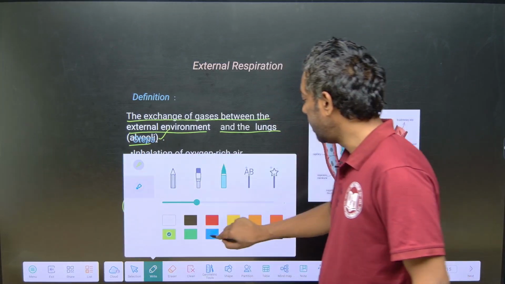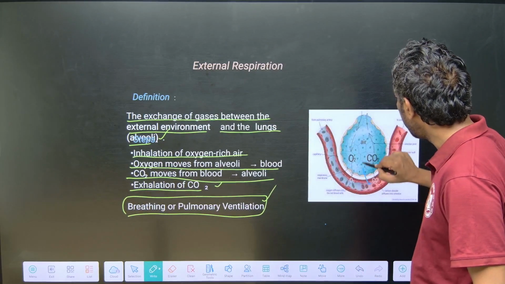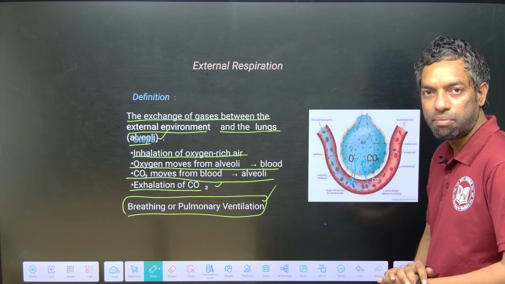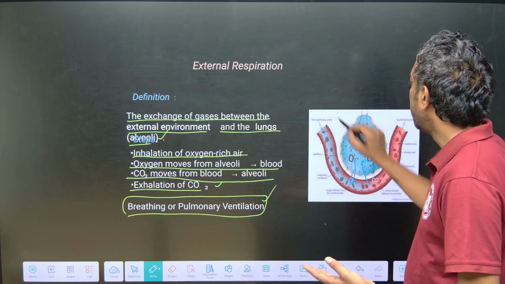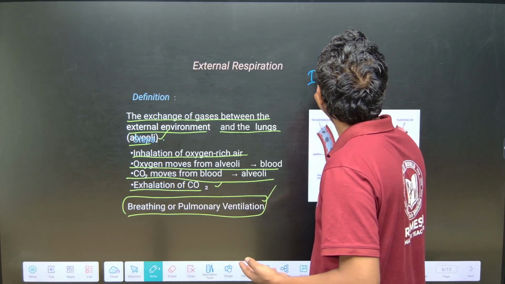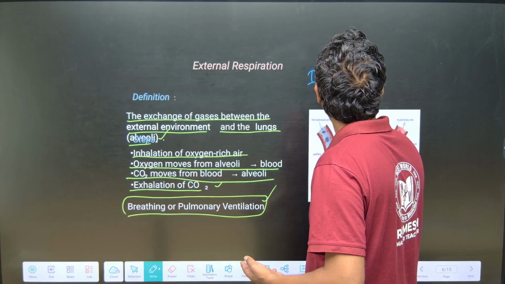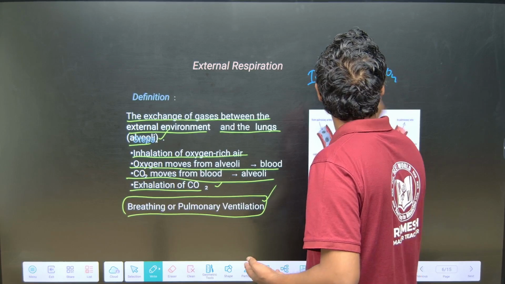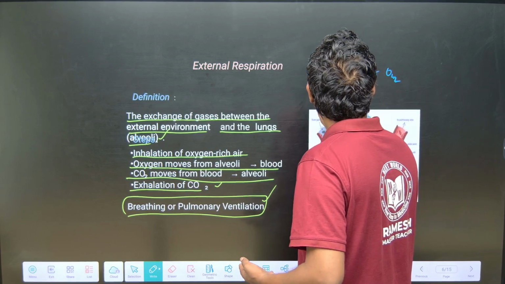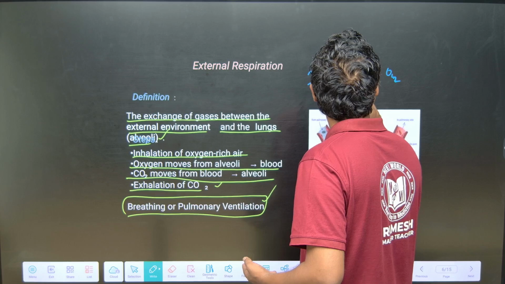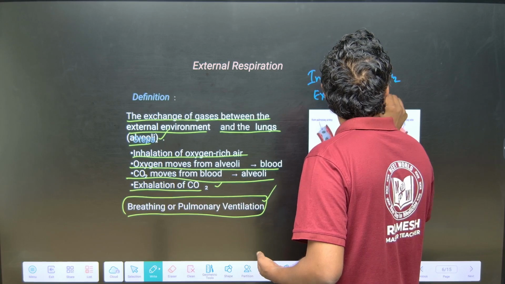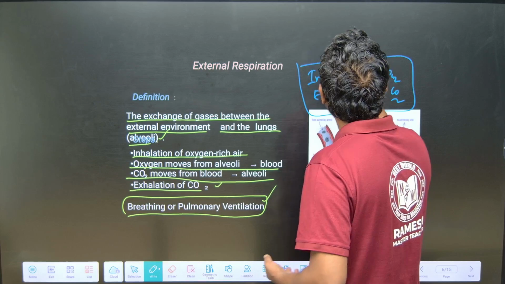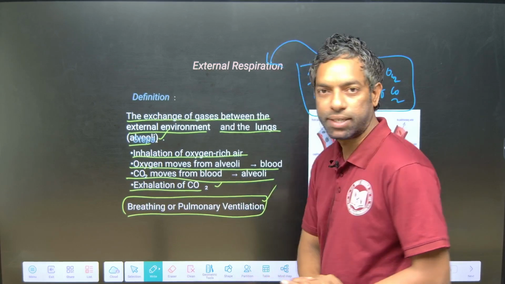So, when you breathe, CO2 exits and oxygen enters into the blood. This is inhalation of oxygen and exhalation of CO2. This is the process that takes place in external respiration.